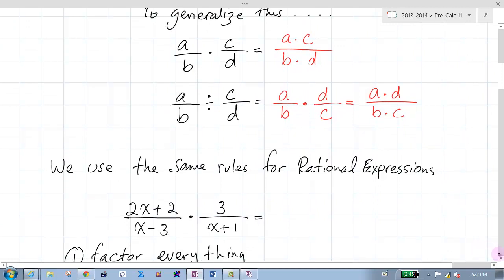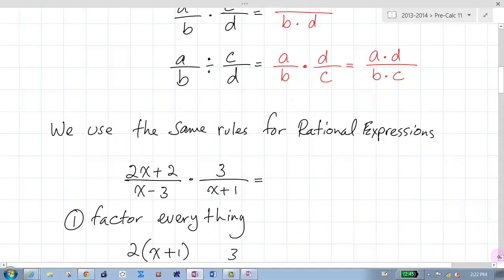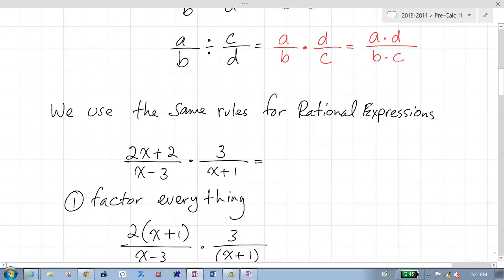So the same set of rules applies for simplifying, multiplying and dividing rational expressions. We're going to follow the same thing. I have 2x plus 2 over x minus 3, and I'm multiplying it by 3 over x plus 1. First step, we factor everything.